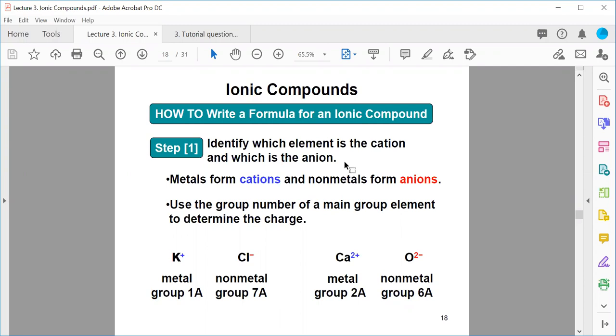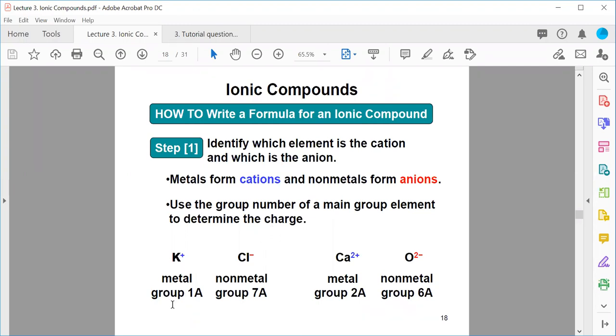When you're working through your tutorial questions, for some questions, you'll also be referring to the periodic table. So remember this rule: metals tend to form cations, non-metals tend to form anions. When it's a main group element, use the group number to determine the charge on the atom.